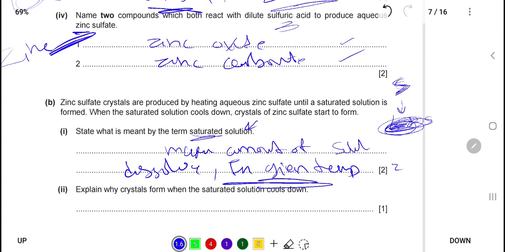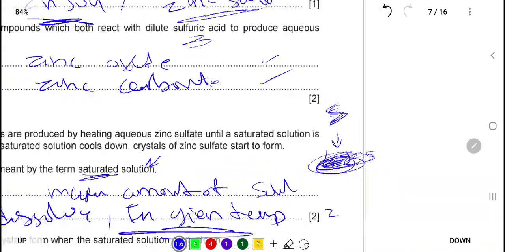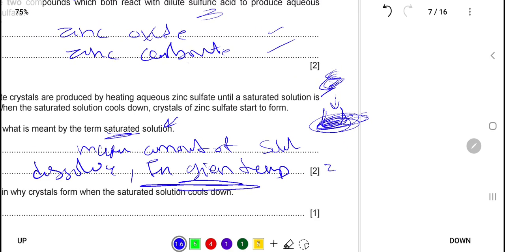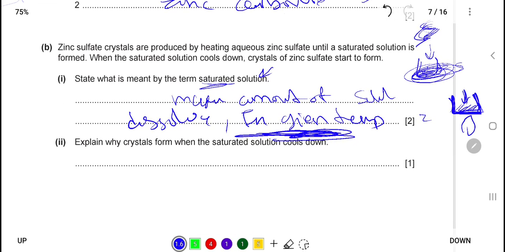At a given temperature means that if you heated the solution, it would become less concentrated, so it would allow more solute to dissolve. If there was no change in temperature, it will stay saturated. There will be no change. But if you added heat, the particles would be able to absorb more, so it would allow more to dissolve. That's when you need to write at a given temperature.